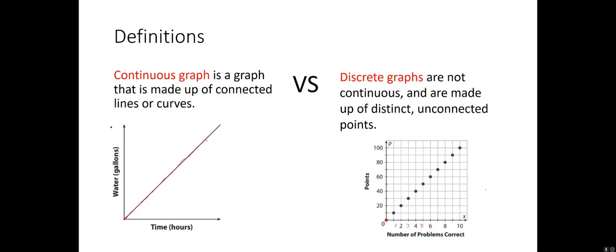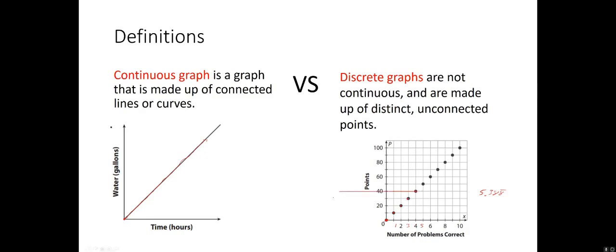Nobody's going to get 5.388 problems correct. It's either you got 1, 2, 3, 4, 5. Don't forget 0. Okay, so natural numbers. As you can see, they're dots. They're not connected by a line.